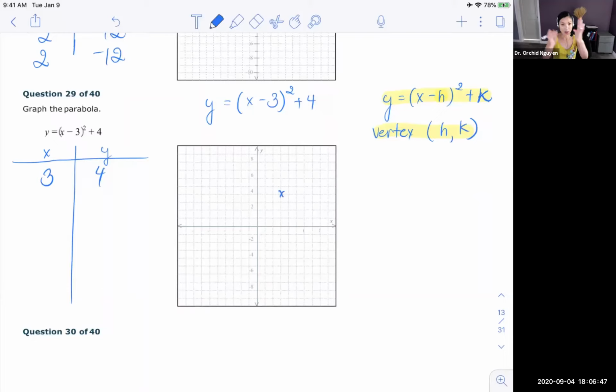And then I'm going to go left and right of the vertex. So left and right of the vertex is going to be 2 and 4. If you want to pick one more, instead of 2, 4, you pick 1, 5. So it's like we add and subtract from the vertex. Add 1, subtract 1 from the vertex, add 2, subtract 2 from the vertex. And then you just plot the points.